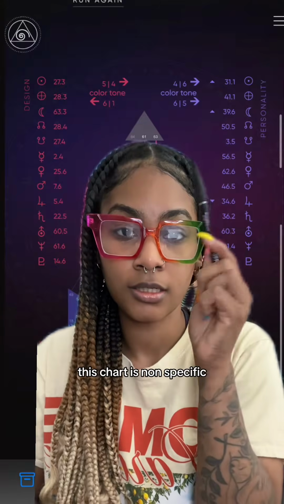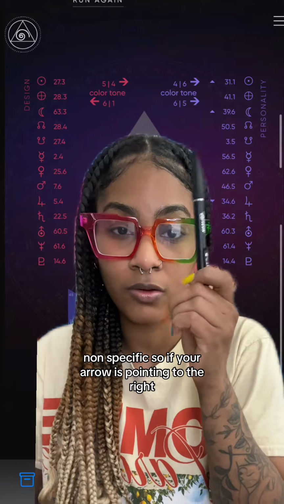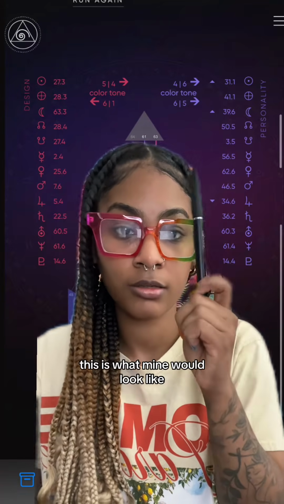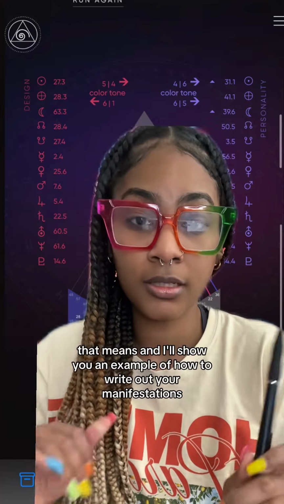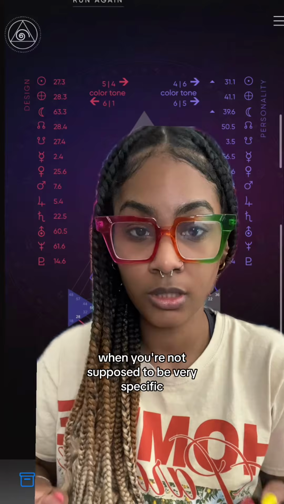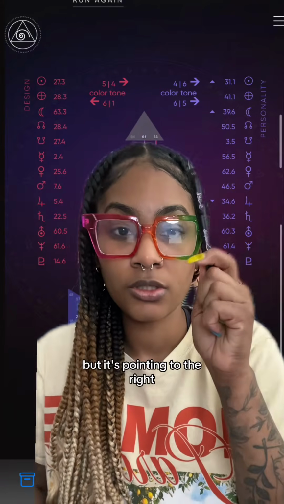This chart is non-specific. It has top and bottom there, non-specific. So if your arrow is pointing to the right, this is what mine would look like, pointing to the right. That means, and I'll show you an example of how to write out your manifestations when you're not supposed to be very specific or detail oriented, but it's pointing to the right.